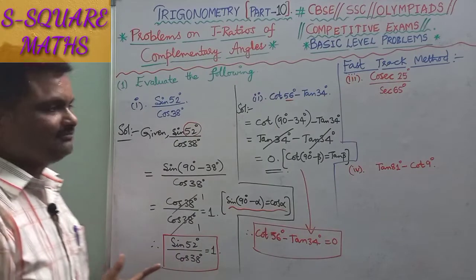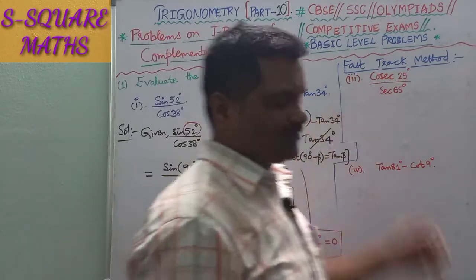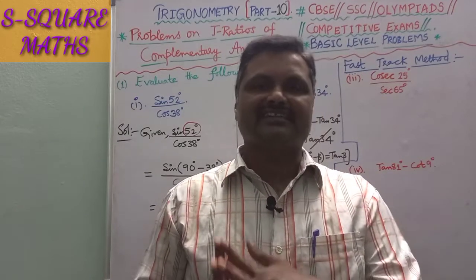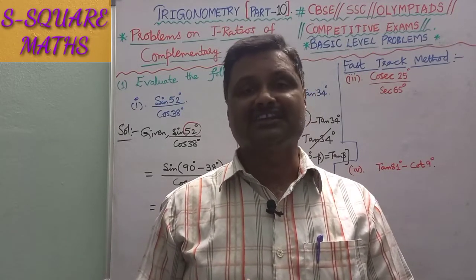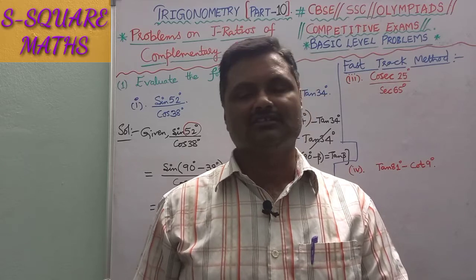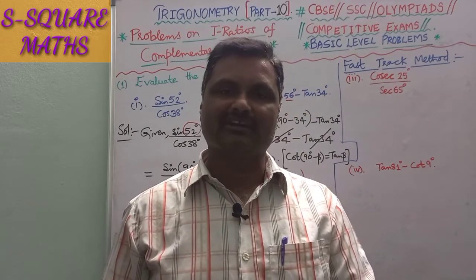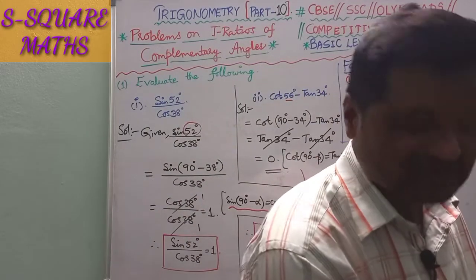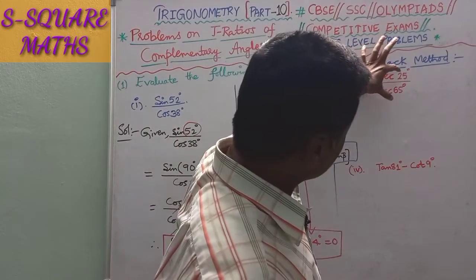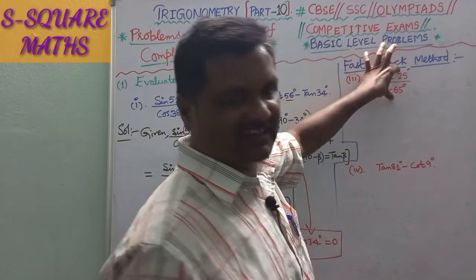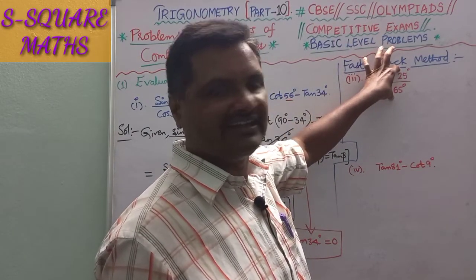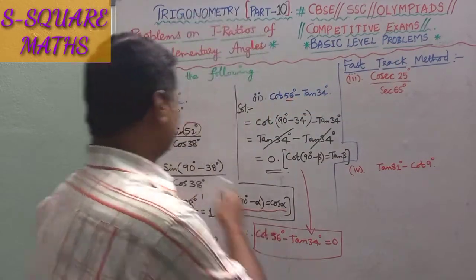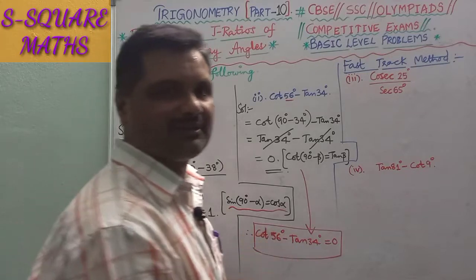Please listen here. As we know, first point, cosec and sec are nothing but T ratios with respect to complementary angles. Second point, consider 25 and 65: add them and if you get 90, then the answer is 1, as the numerator and denominator cancel. So I am writing the direct steps.